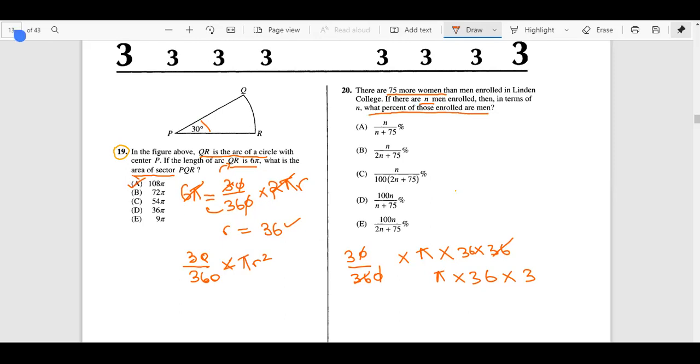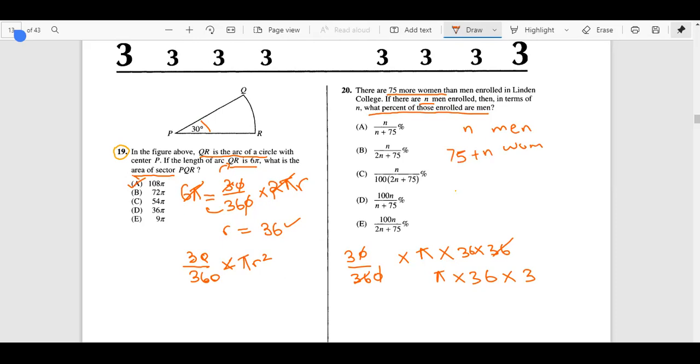Okay, so we need to find percentage. Now we know that we have 75 more women than men. So we have n men that has been given. So obviously for women, we can write 75 plus n.